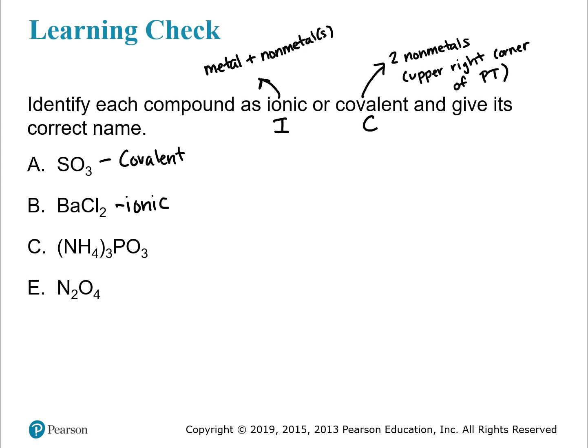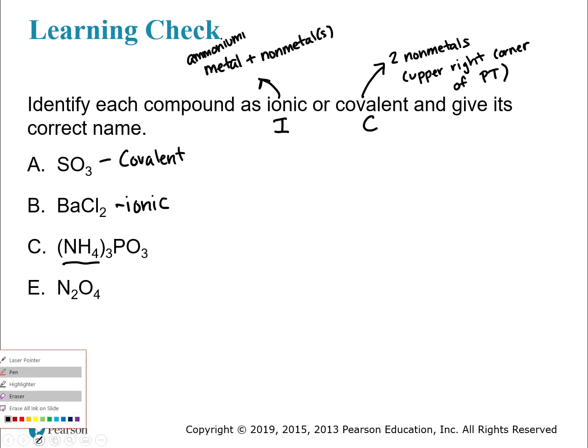Now C is a little bit of a tricky one, and the reason is NH4 is a common polyatomic ion, and it's one of the exceptions. So if you see the ammonium ion or a metal, then it's going to be ionic.